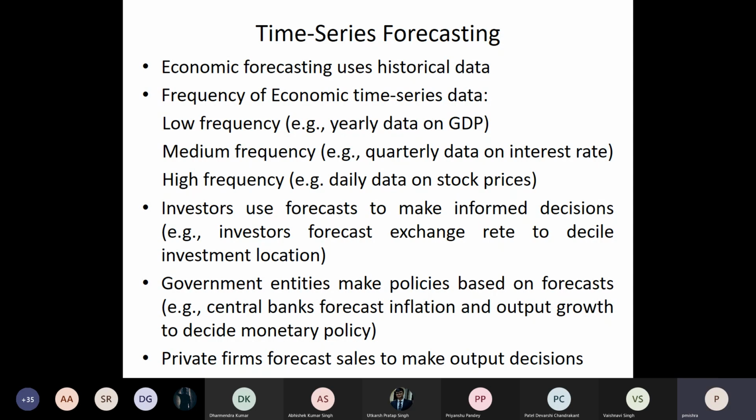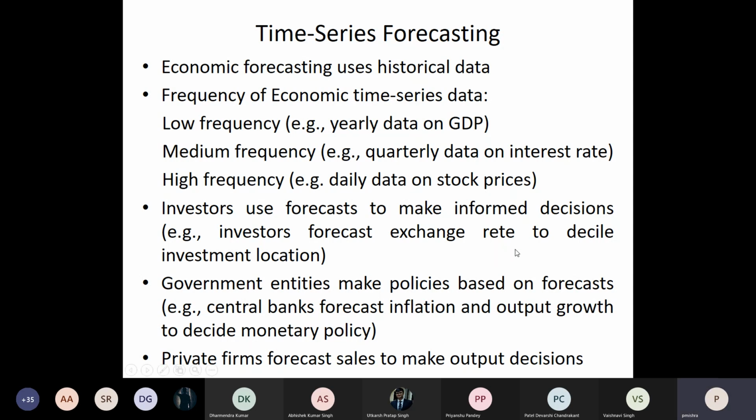But what is very important here for investors is to forecast correctly for the future, so that the investment decisions can be made accordingly. Like here I have given one example, like forecasting exchange rate. Sorry, there is a spelling error.